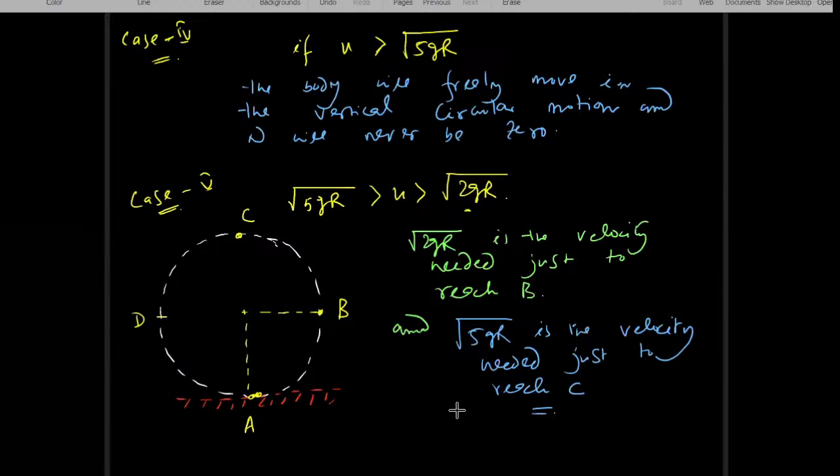The velocity which is given is in between them, so it will stop somewhere between B and C.